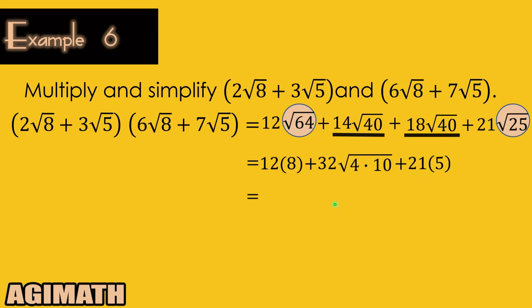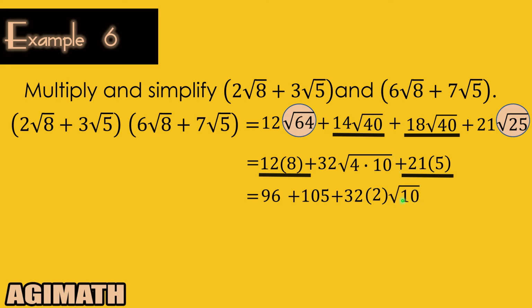So that is equal to 12 times 8 is equal to 96. So in this solution, I will combine 96 and the product of 21 and 5, 105, because they are all constants. So we can combine 96 and 105 later on. Plus 32. What's the square root of 4? Square root of 4 is 2. And then since 10 cannot be simplified anymore, we have square root of 10.